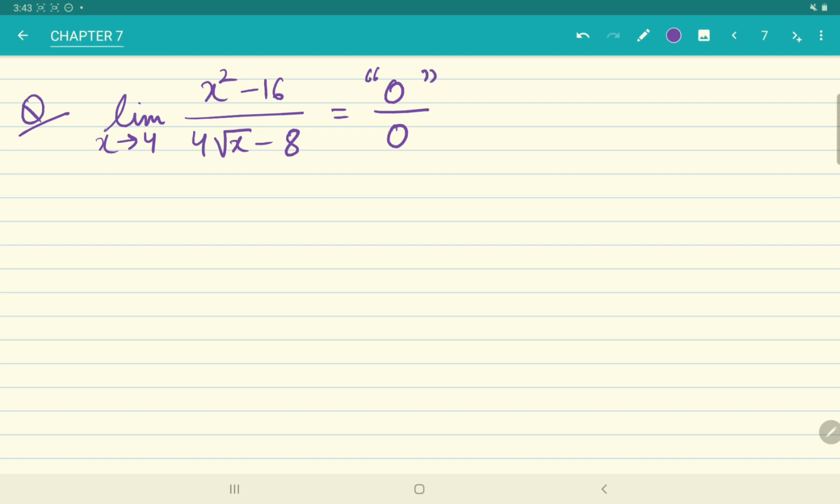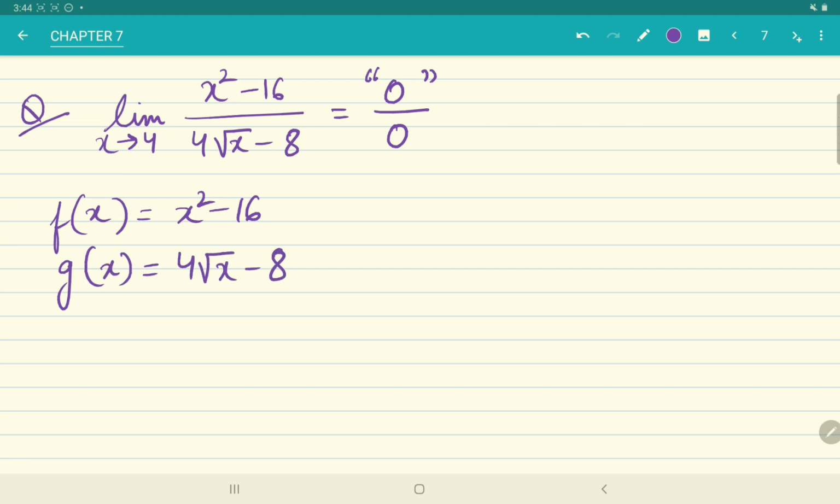You just have to check what happens to the numerator as x tends to a, here x tends to 4, and what happens to the denominator as x tends to a, and here x tends to 4. So here in this case, just suppose that your f of x is nothing but x squared minus 16, your g of x is nothing but 4 root x minus 8.